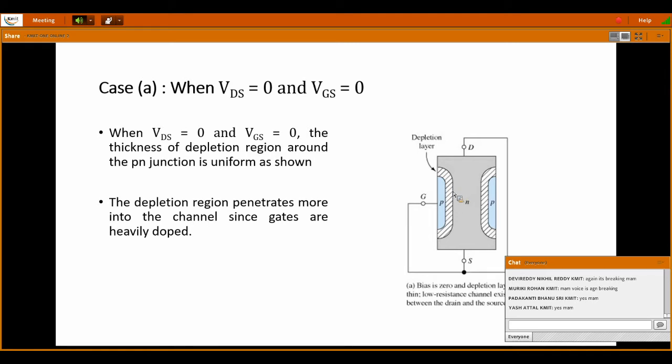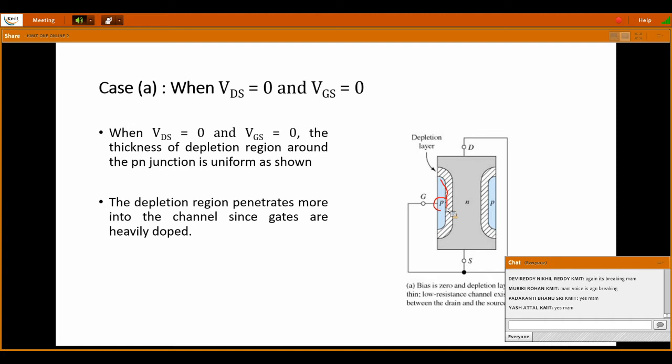See here, PN junction is a combination, so your depletion layer should also form inside this P-type material. But this is not shown because P is very heavily doped as compared to N-type material. So since P is very heavily doped, there are more number of carriers in the P-type material.